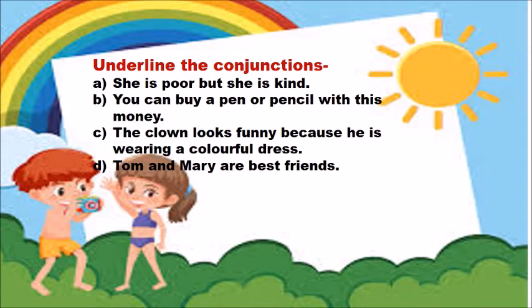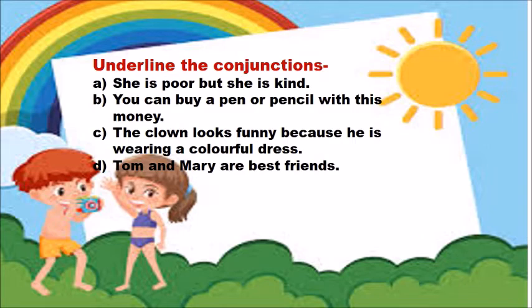Let us see the first one. She is poor but she is kind. So this sentence is telling about a girl that she is poor but at the same time she is also very kind hearted. B. You can buy a pen or pencil with this money. So in this sentence, they are giving you the choice to choose one among the two.